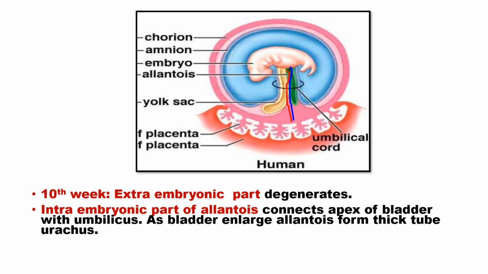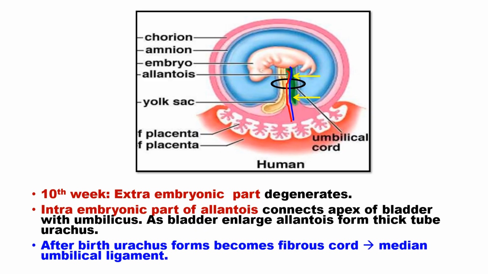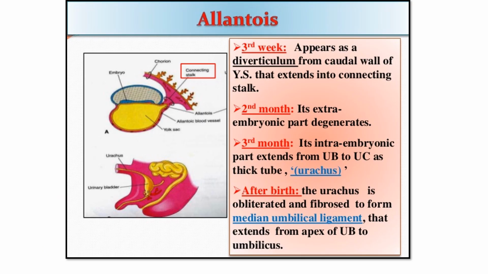By the 10th week, the extraembryonic part of the allantois degenerates and the intraembryonic part connects the apex of the bladder with the umbilicus. As the bladder enlarges, the allantois forms a thick tube, which is the urachus. After birth, the urachus forms a fibrous cord known as the median umbilical ligament.